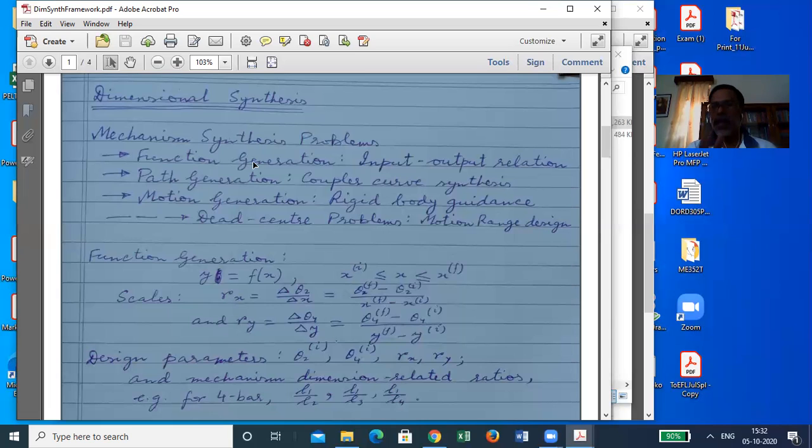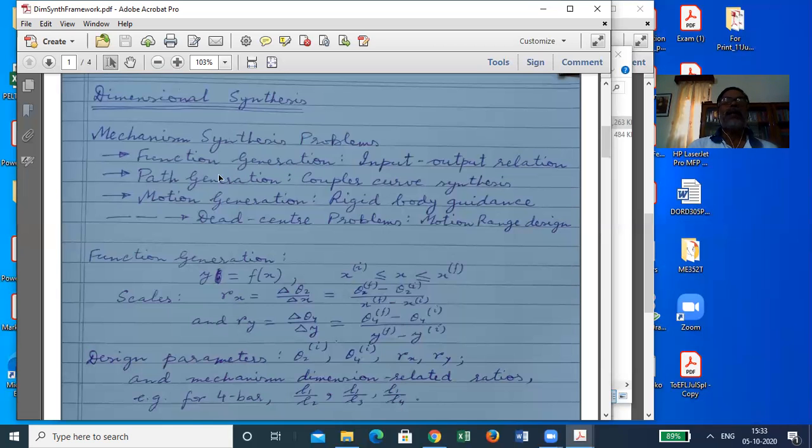That is, it started from the datum point at C position, and then you are giving constant speed omega. Okay, so theta 2 would be omega t plus c, and on that side you may ask for a complicated function. Okay, so basically you have to get the mechanism to do for you theta 4 as a function of theta 2, such that theta 4 as a function of theta 2, which is a function of time that you are giving, gives you the correct function theta 4 of time. Okay. So this is function generation.